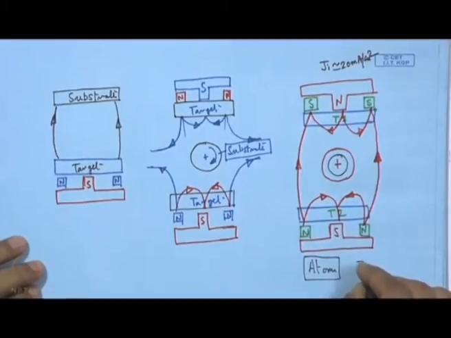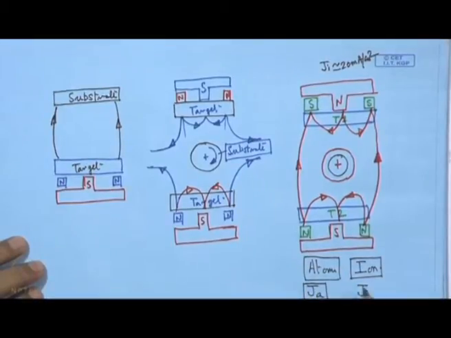However, at the same time ions of this argon or discharge gas are also arriving. So, we may look into two parameters, one is called Ja, another is called Ji. That means the flux of atoms and flux of ions.